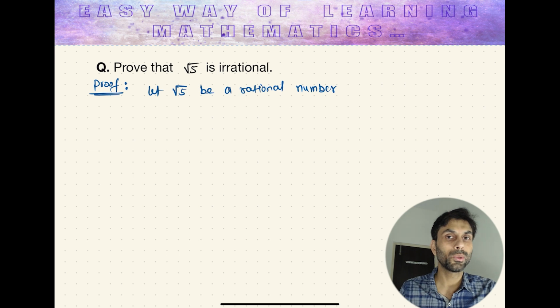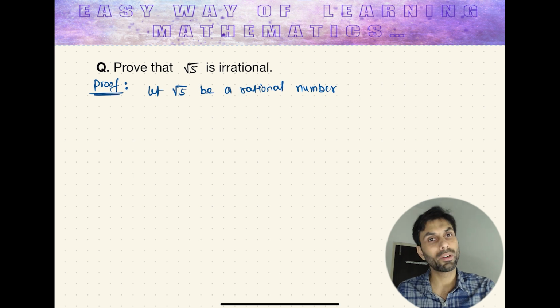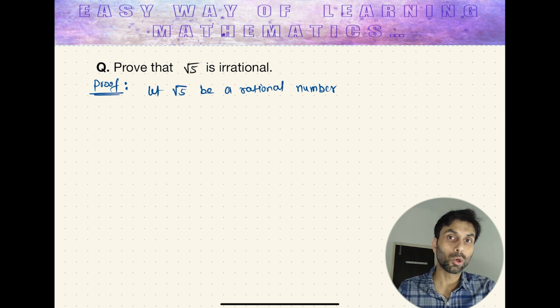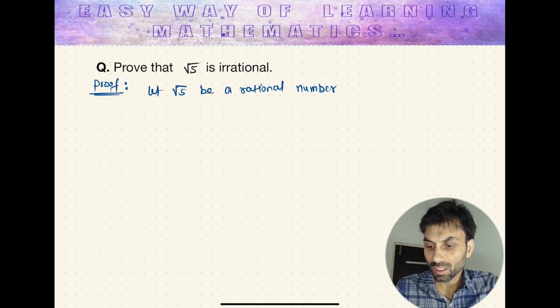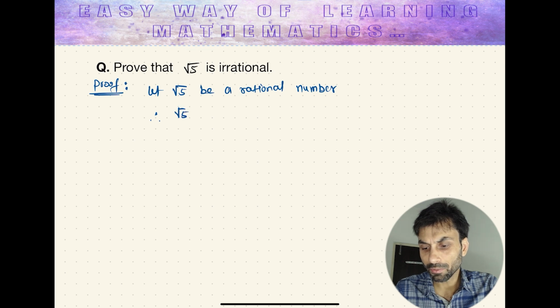So we are going to write a by b rather than p by q, and we will take a and b as co-prime numbers. Remember, co-prime numbers are those numbers which have only 1 as the common factor. So since root 5 is a rational number, we can write root 5 equals a upon b.